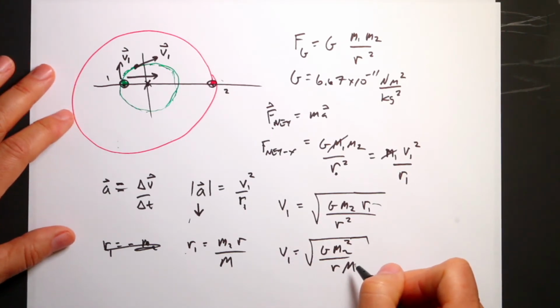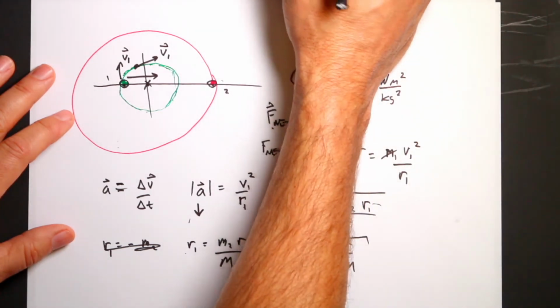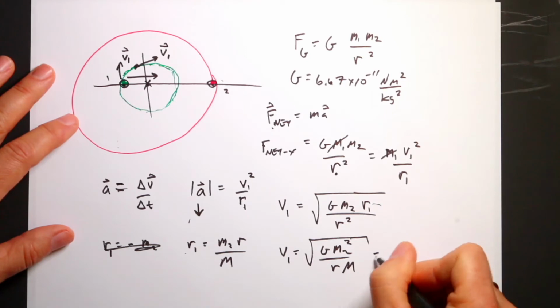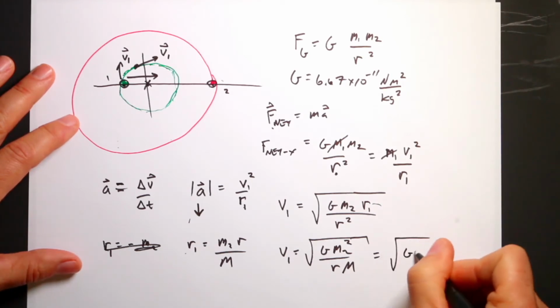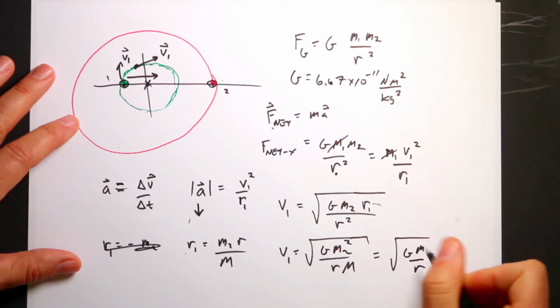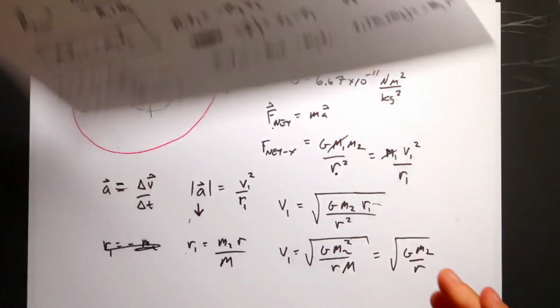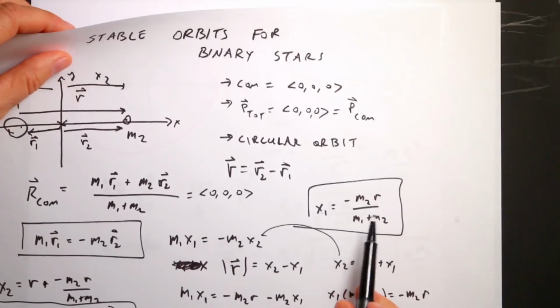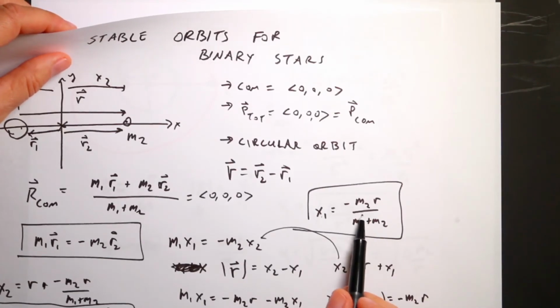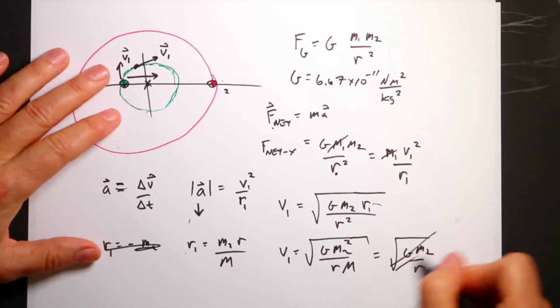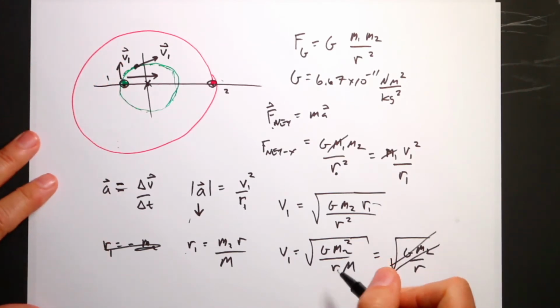What did I mess up here? x1. I have it in another calculation. I'm just looking at my notes. I have g times m2 over r, not m2 over. I mean, it has the right units, but. Oh, I know what I did. Okay, I think this is right. Yeah, I'm pretty sure this is right.